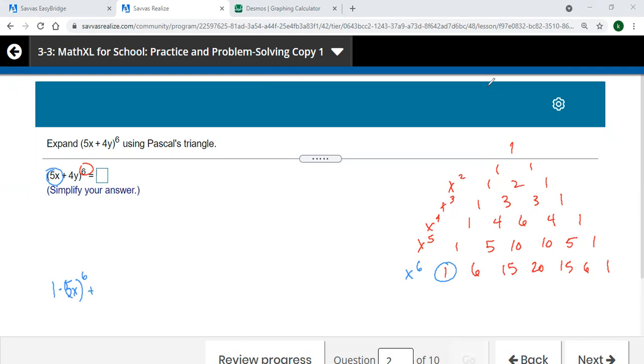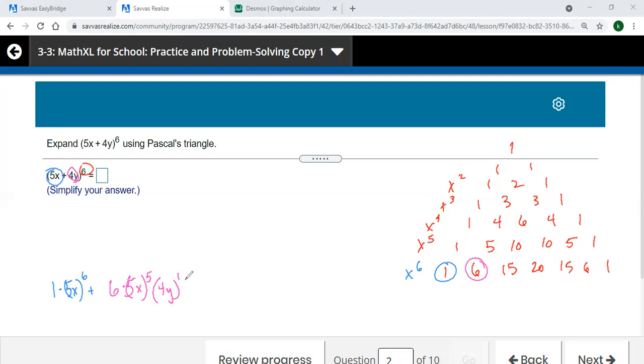Then, let's see if I change colors, maybe I can have you follow along a little closer. So now I'm going to do the 6. And then it's the 5x, we drop down by 1 degree, so the 5th, but then we have to pick up one of these, so the 4y to the first.